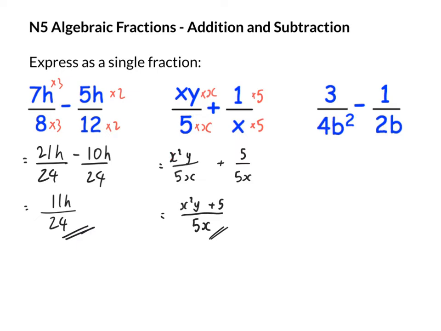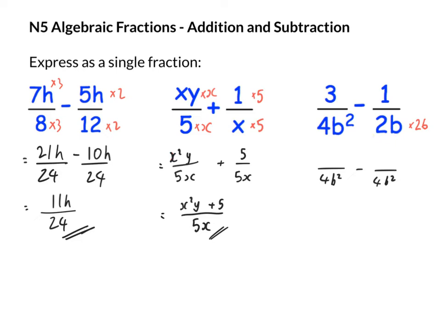The 4 and the 2 can be made like by doubling the second. That'll give me a 4 on both of my denominators. The b and the b squared can be made like by multiplying the second one by b. So that will give me a 4b squared on the bottom of each of them.